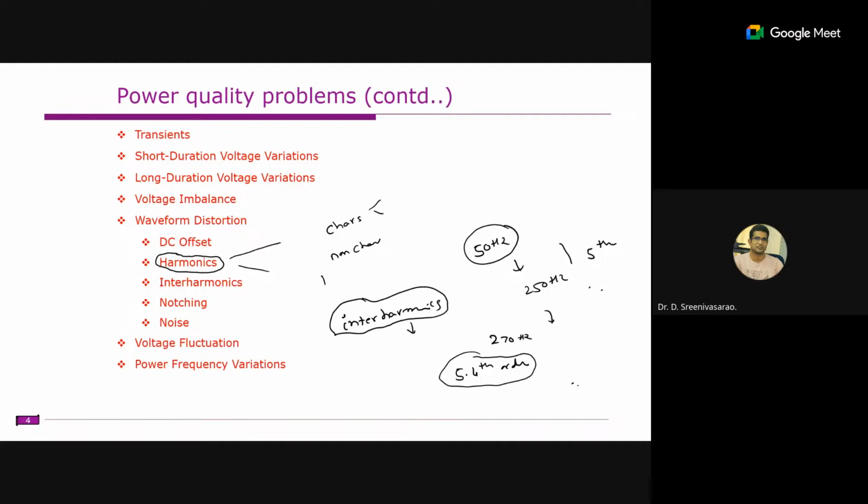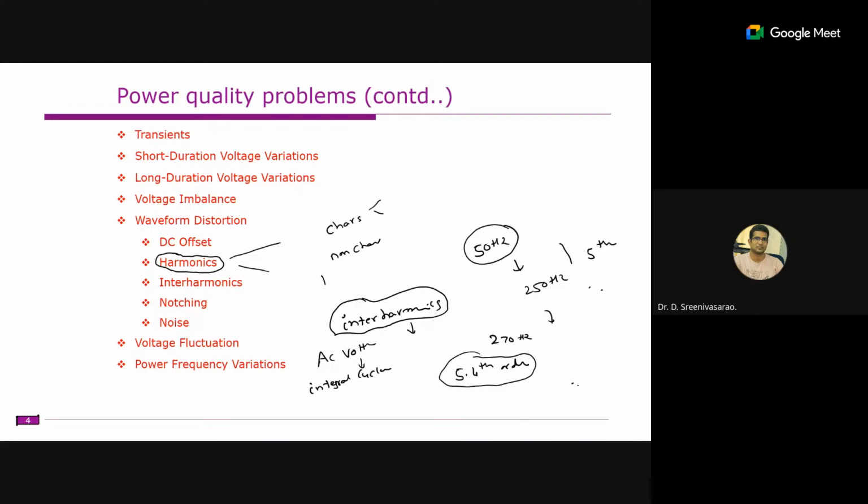The main sources of interharmonics are AC voltage regulators which use integral cycle control.